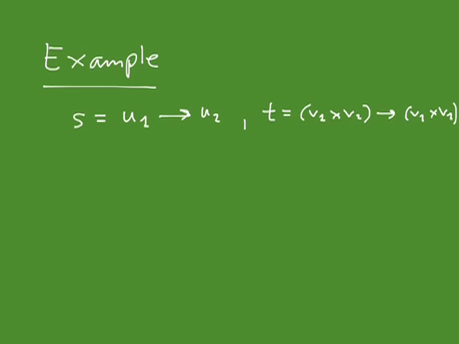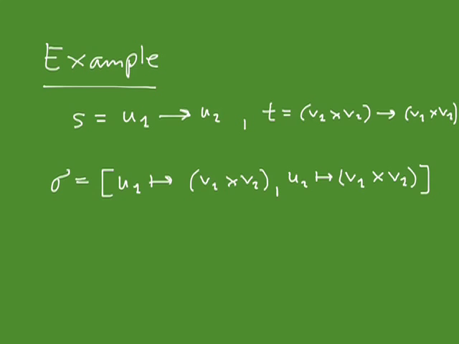And it's not hard to see that if we take sigma to be the substitution that sends u1 to v1 times v2 and u2 to v1 times v1, then that is the most general unifier of s and t.